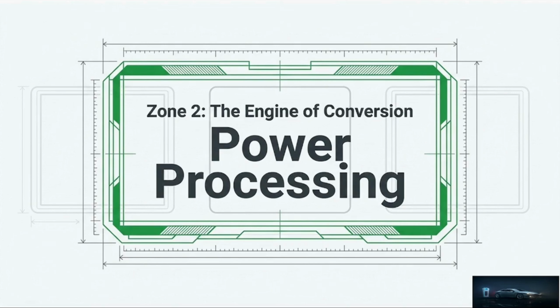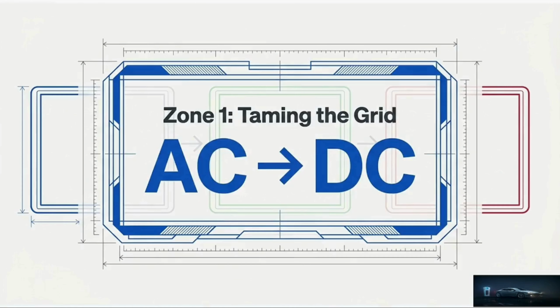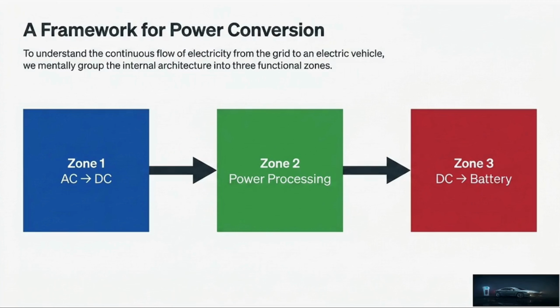This is where the really interesting power electronics work happens. So we call this power processing, right? If you go back, till now we have discussed zone 1. Now we are entering zone 2, the power processing.